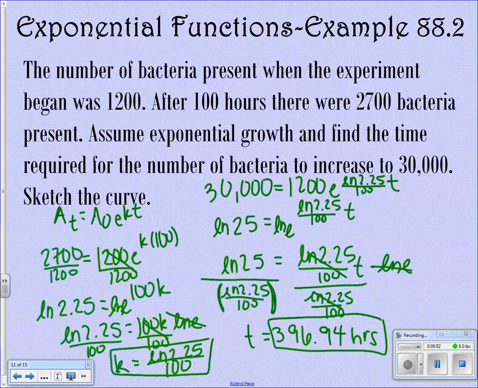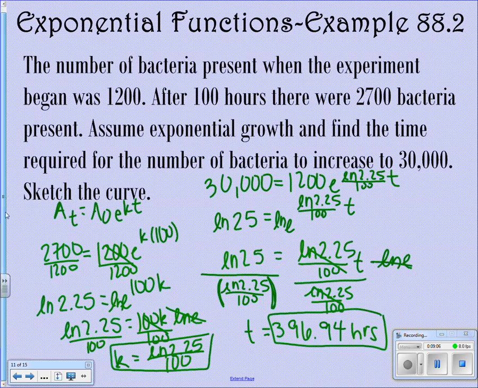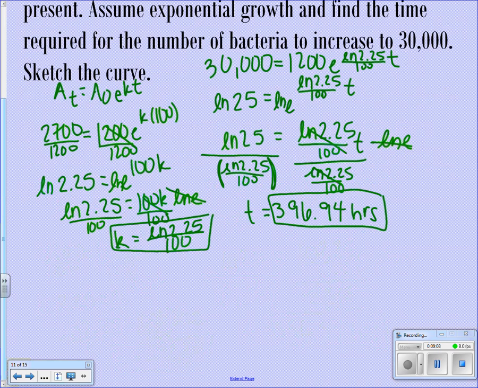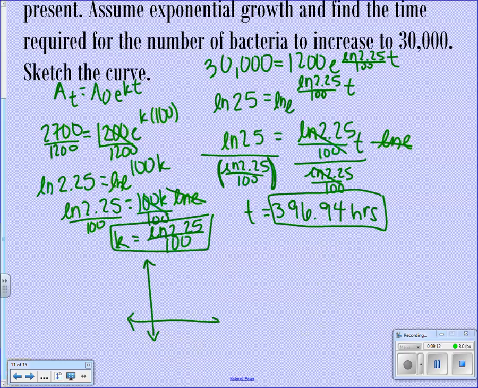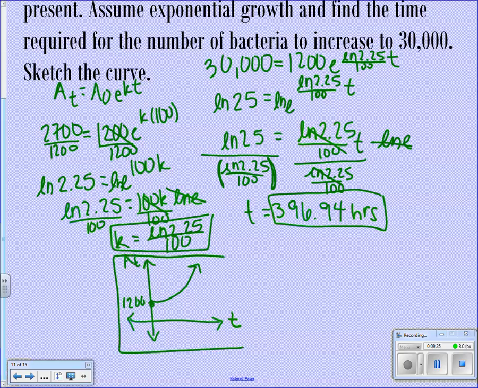Now it says to sketch the curve. Now, for the curve, it's really not too bad. All I'm expecting, you've got your time and the amount at time t. And then we initially had 1,200, and we increased. And so that would be the curve that you would do.